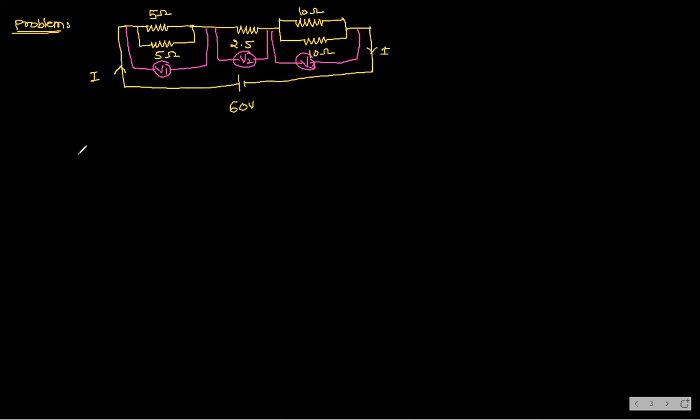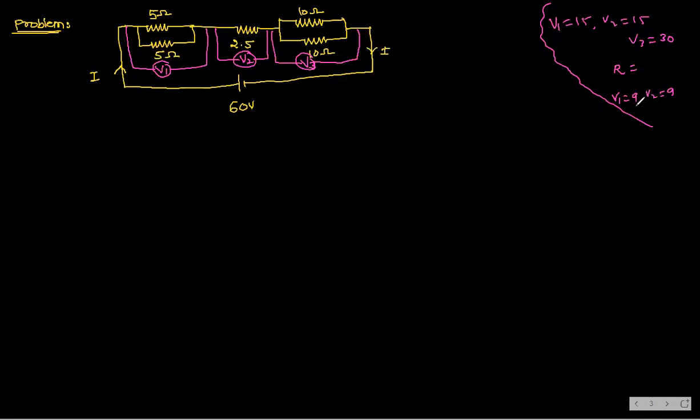V1 equal to 15, V2 equal to 15, V3 equal to 30. Total R is equal to 10 ohm, and current is 6 ampere.